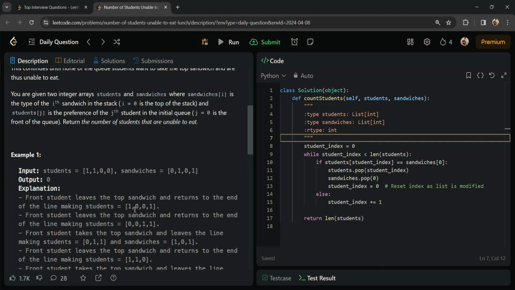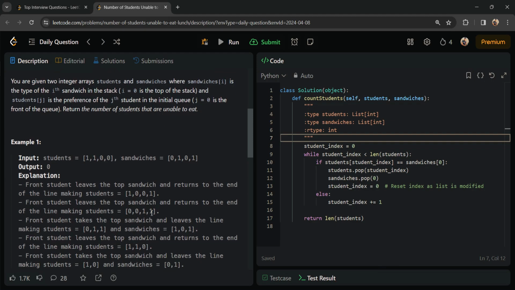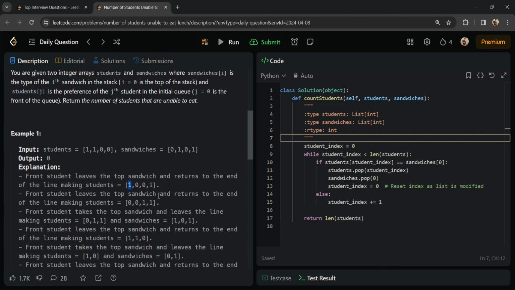Again, the 0 and the 1 preference of the student does not match, so they come out and go to the last of the queue.